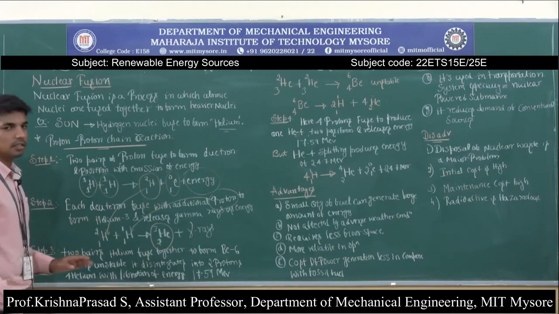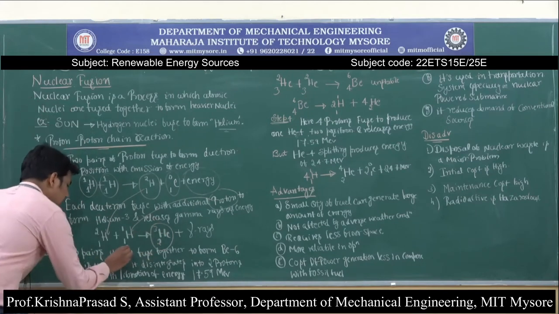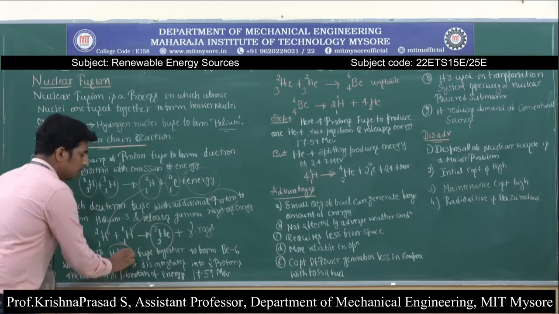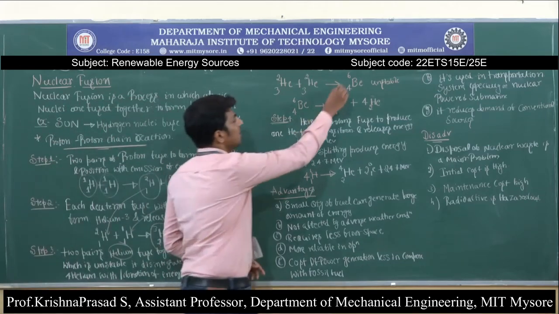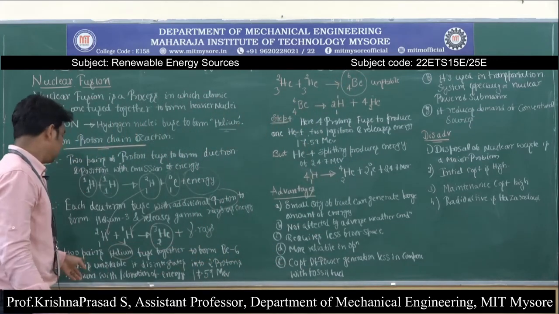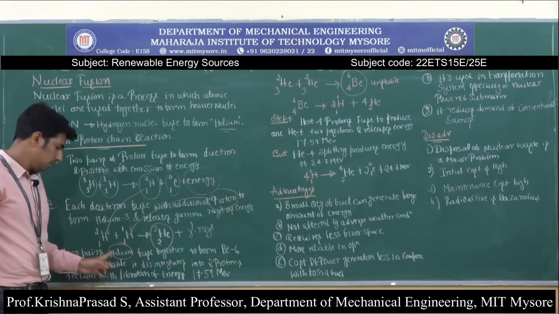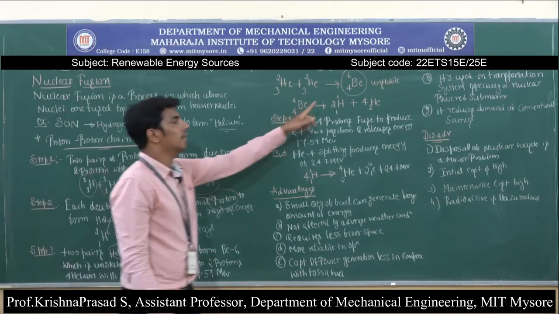Observe here what happens in step 3. Here 2 pairs of helium fuse together in order to form beryllium.